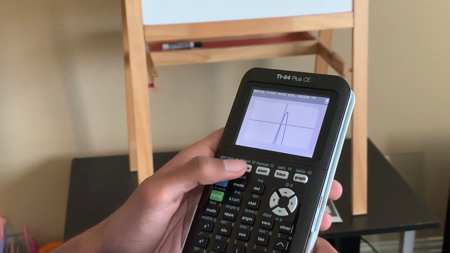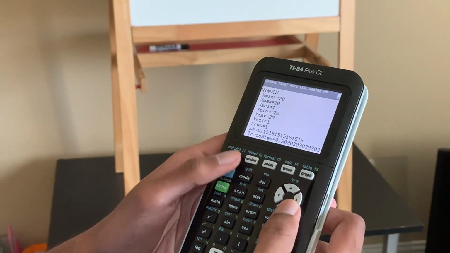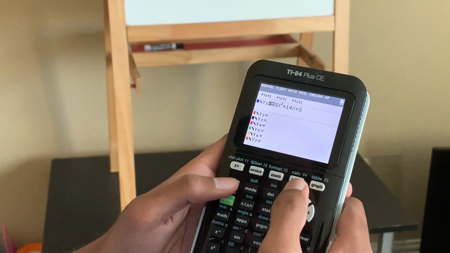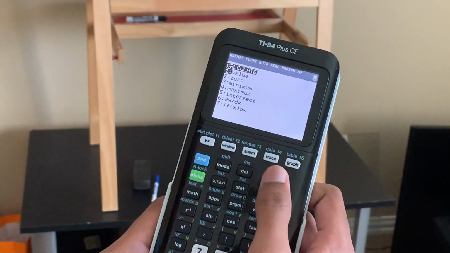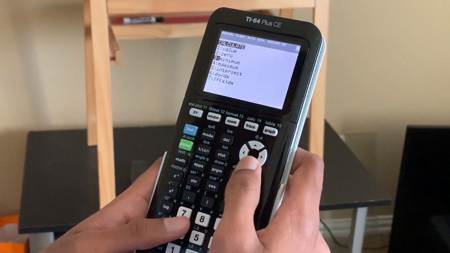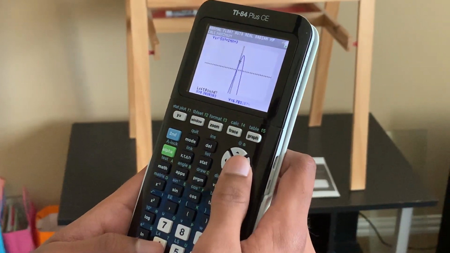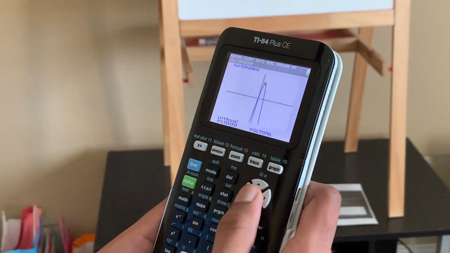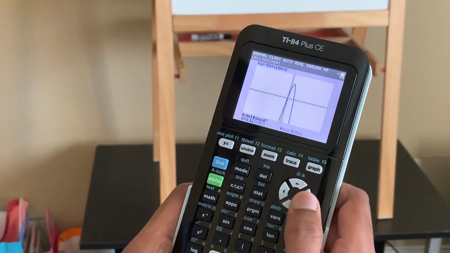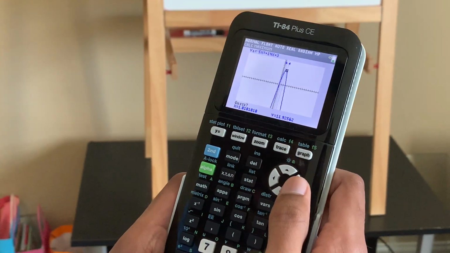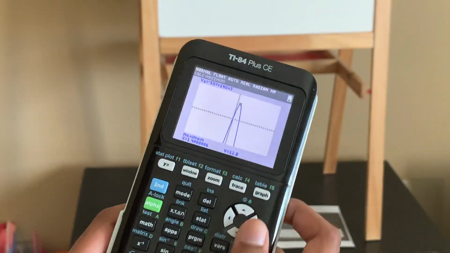So now we'll go to the calculator, on top of trace, and we could just go to maximum. We go a little bit to the left, a little bit to the right, and we have 12.8, just to make sure.